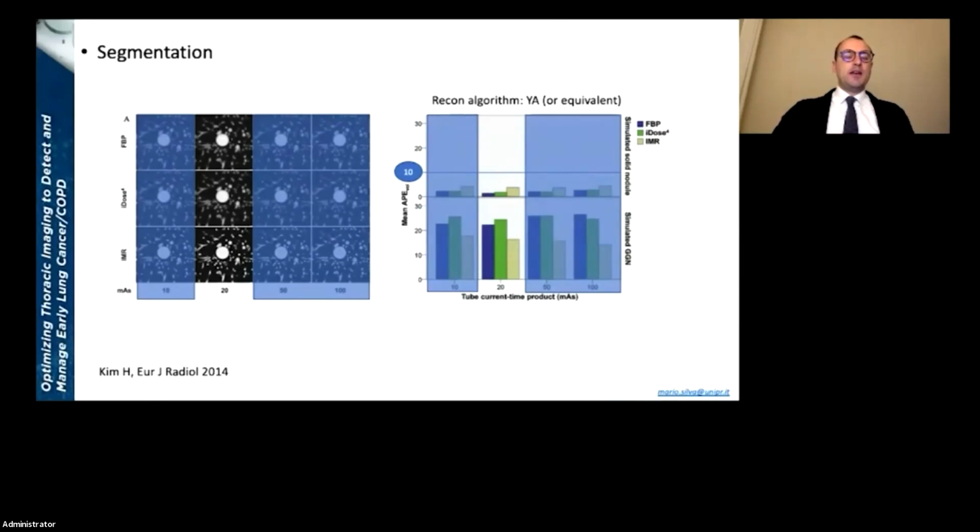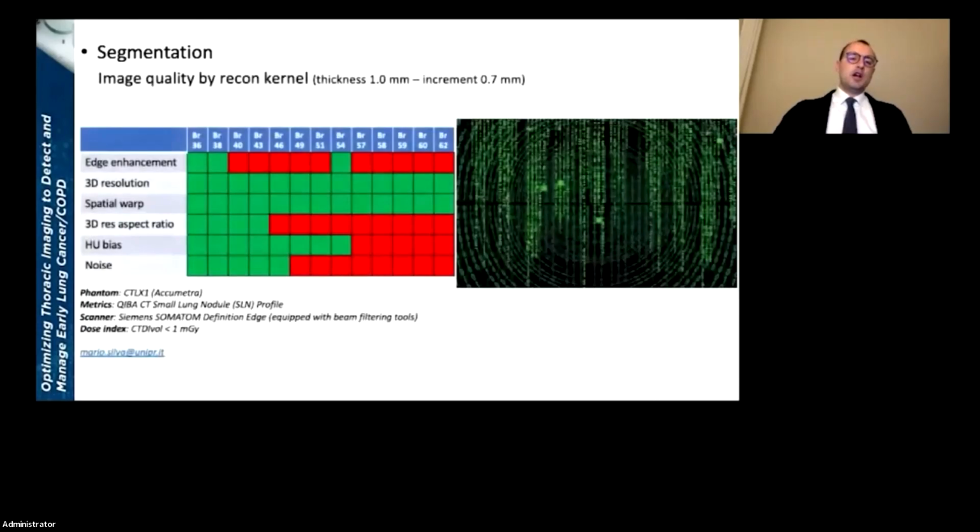So how should we behave here? Well, the answer might be in the work of the QIBA group, the small lung nodule group, where there is a substantial drive towards the standardization of quality data. So when you use low dose for lung cancer screening, you want to have your data certified for quality.